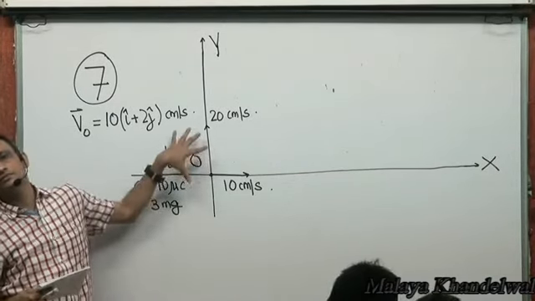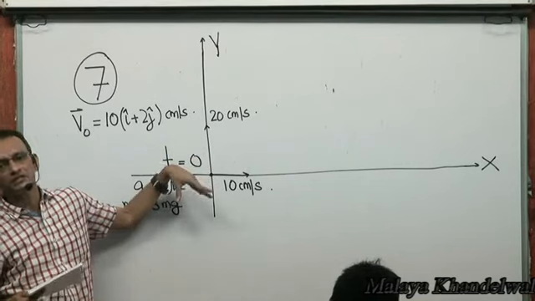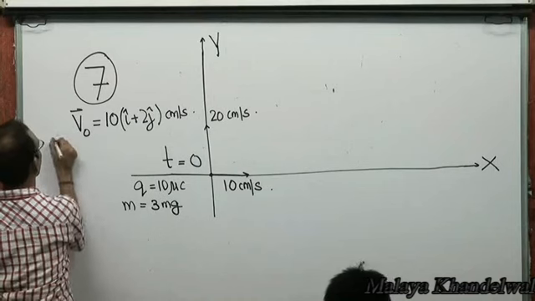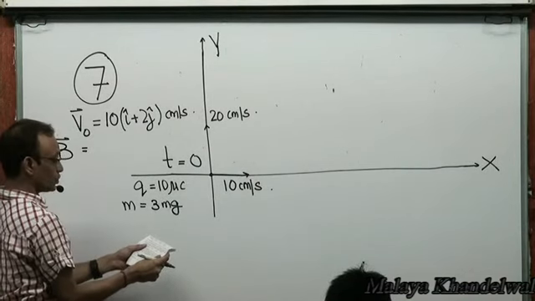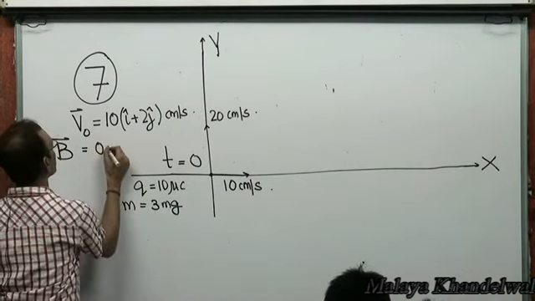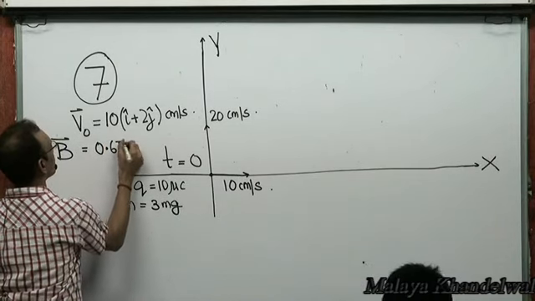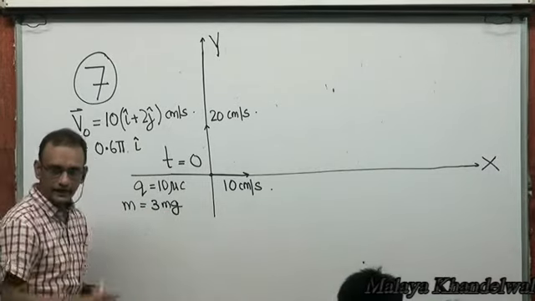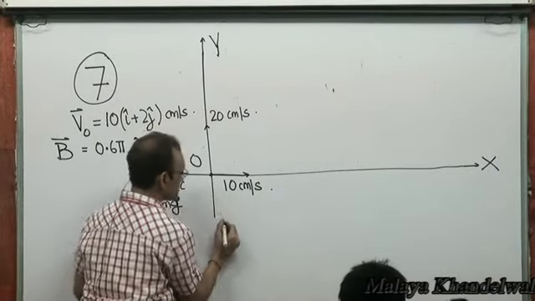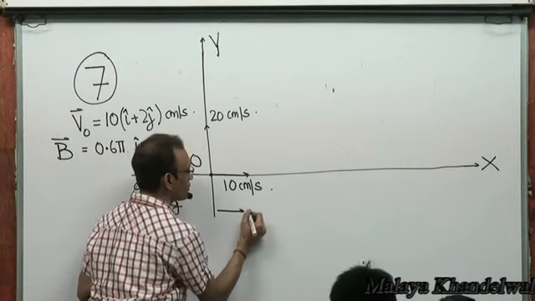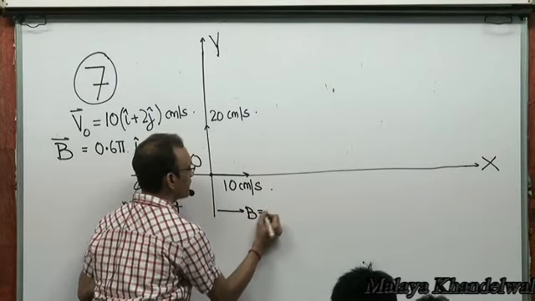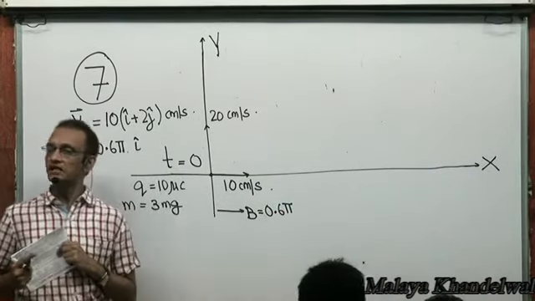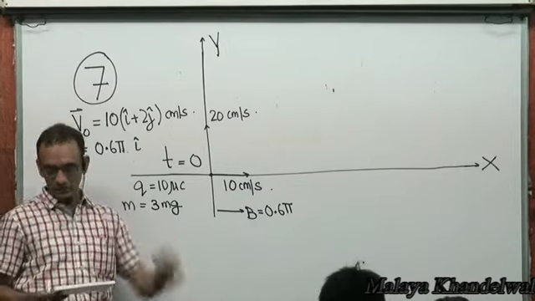And the whole unit is subject to a magnetic field B, which is given by 0.6 pi Tesla along the x-axis. That means it's subject to a magnetic field like this of magnitude 0.6 pi along the x-axis. Clear? That's one particle.